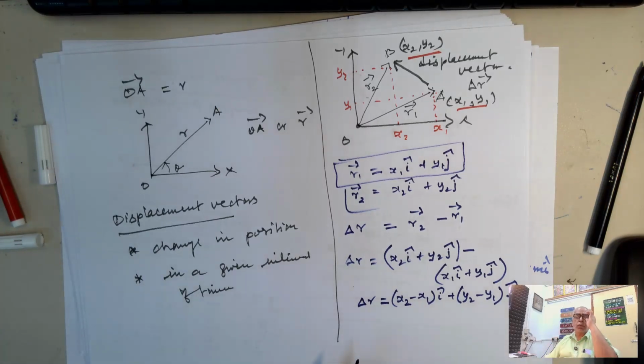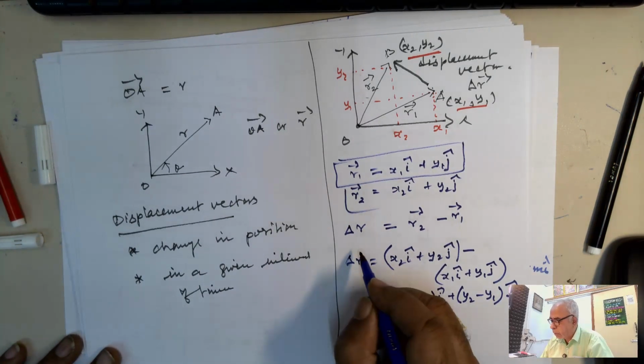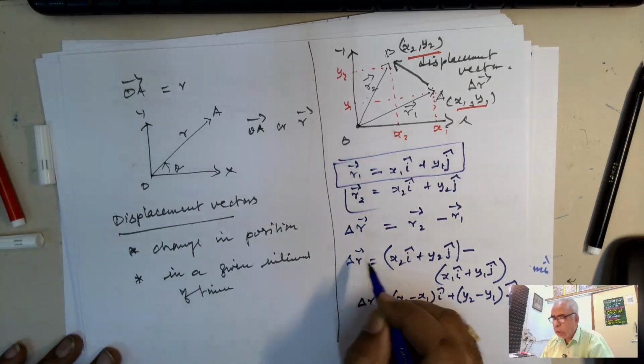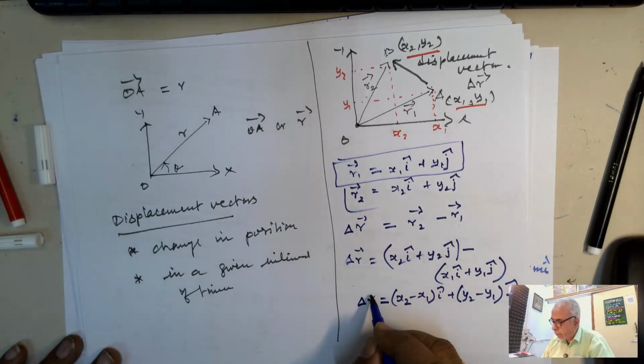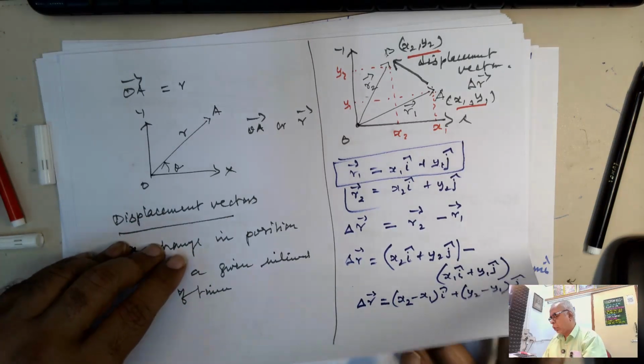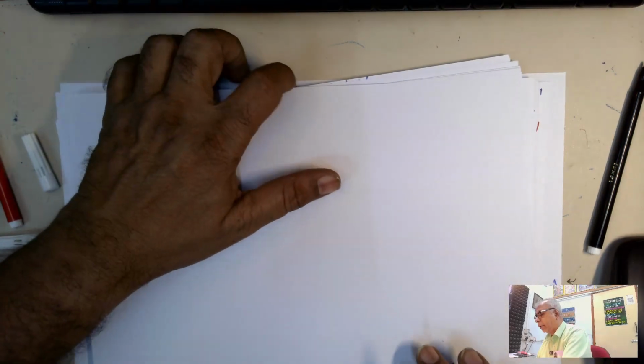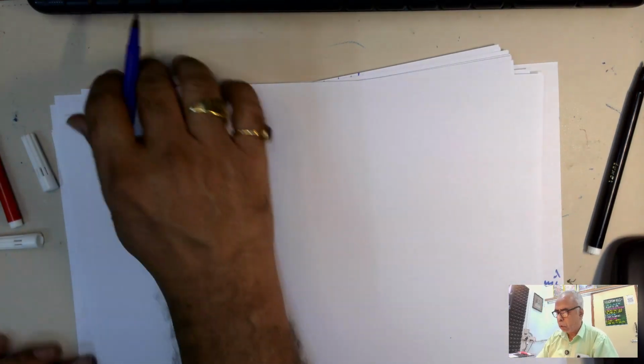Now we are interested to find out the magnitude of this displacement, because still it is the R vector only. So for the delta R vector, we are interested in the magnitude. What we are supposed to do is take the square root, where we apply the distance formula we used in coordinate geometry.